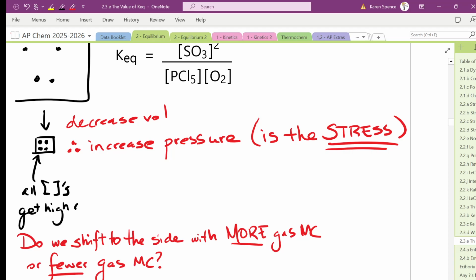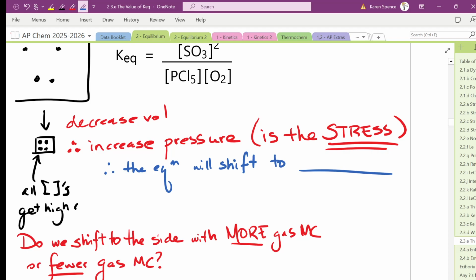So if an increase in pressure was the stress, the equilibrium will shift to do what? To decrease the pressure, yes.